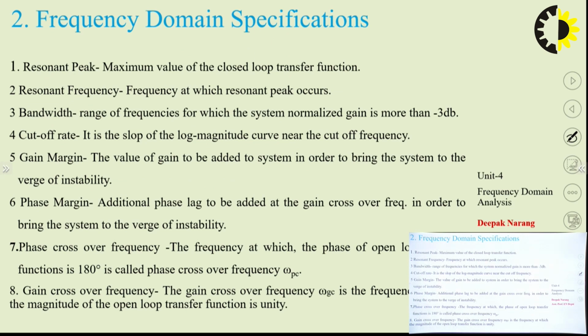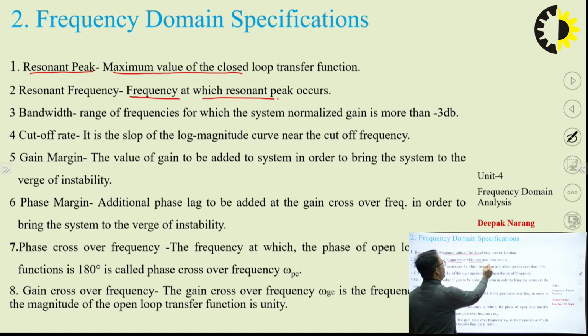So, these are various frequency domain specifications. First is resonant peak. This is the maximum value of the closed loop transfer function. Resonant frequency is the frequency at which the resonant peak occurs.